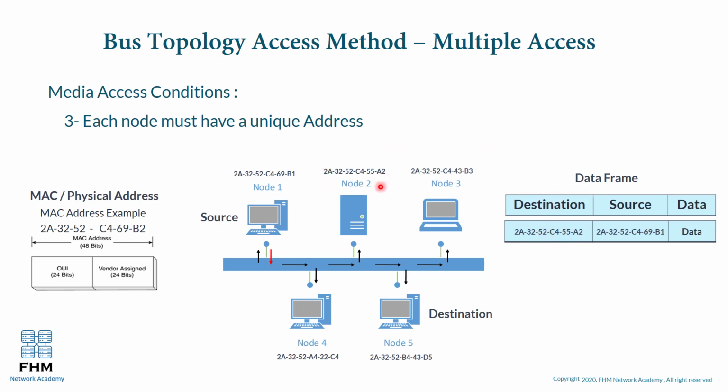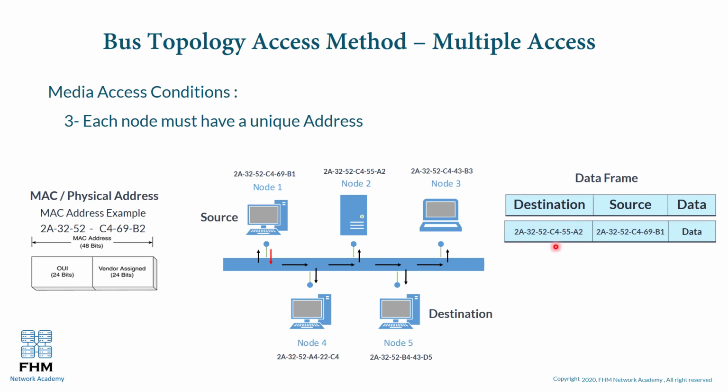So when this frame turns into a signal and is sent through this media, all these nodes, I mean nodes 1, 2, 3, 4, and 5, would receive this signal and turn it into a frame. All of them read the destination address part of the frame.